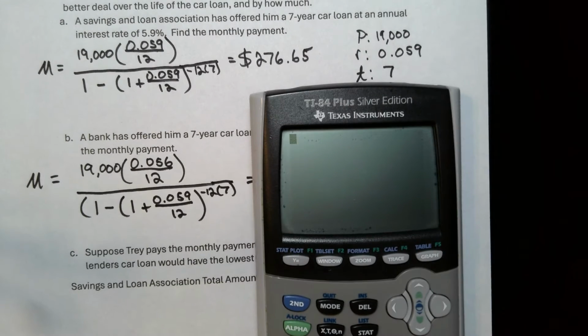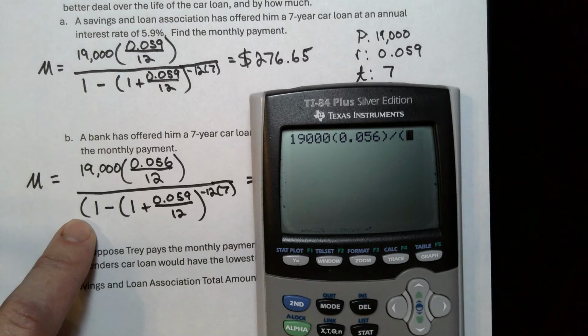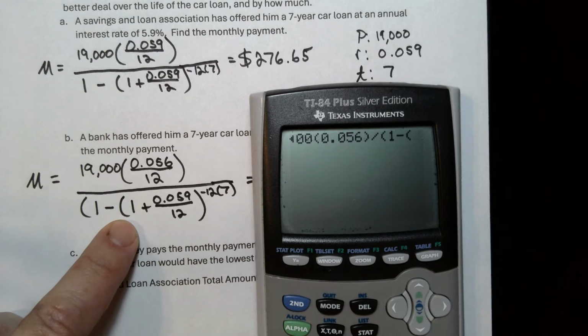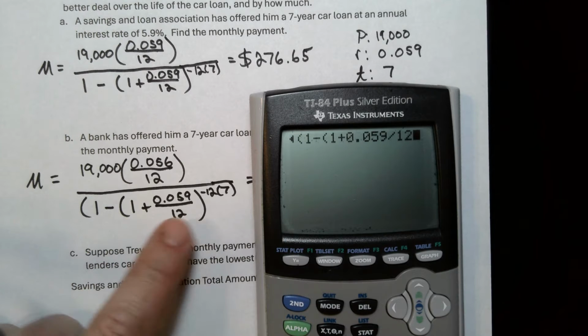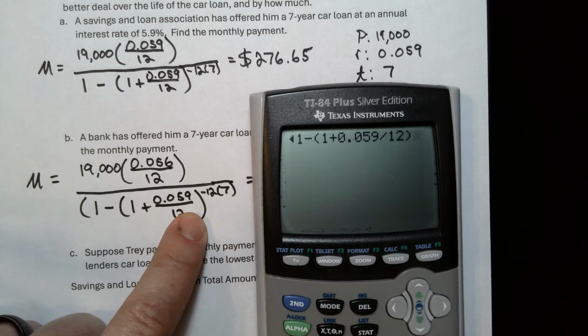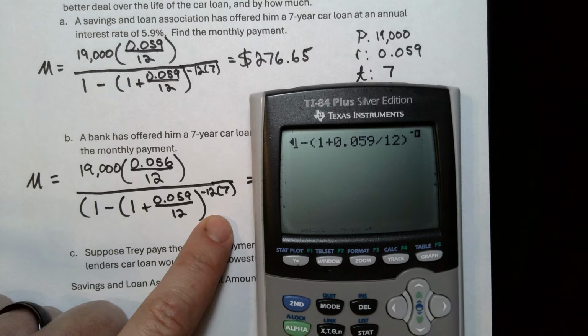So let's do that again. 19,000 times 0.056 divided by, open up big parentheses for the bottom, 1 minus another parentheses, 1 plus 0.056 divided by 12. Close this parentheses, raise it to the power of negative 12 times 7, go down from the exponent, and then close that parentheses.